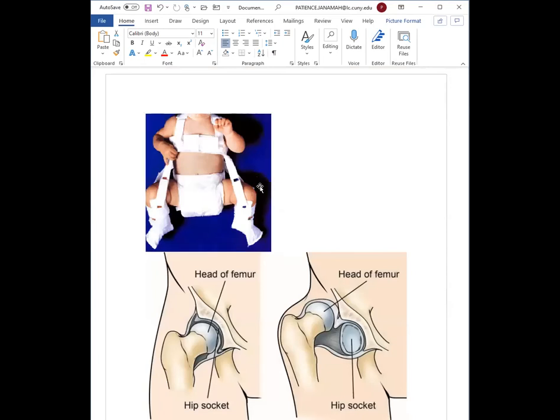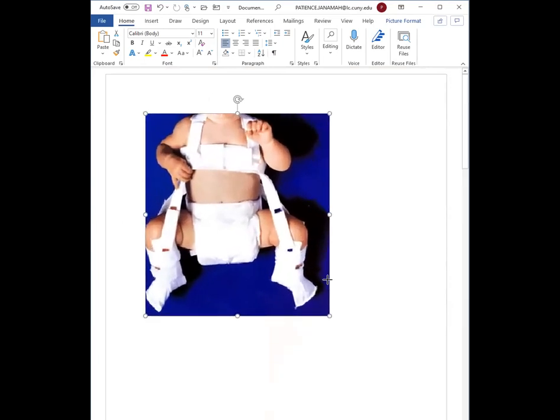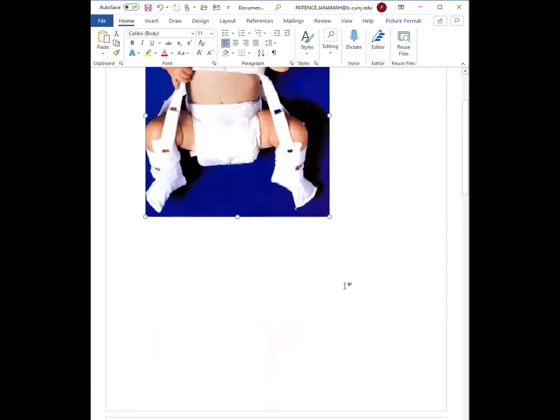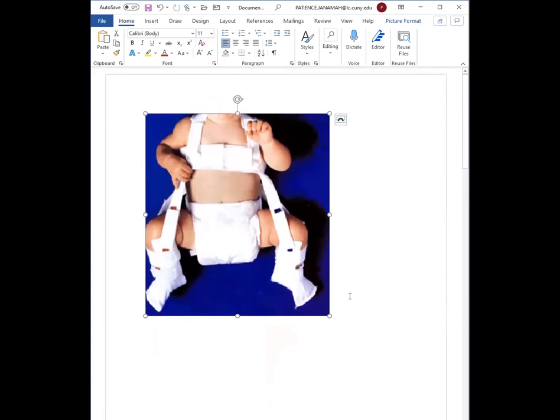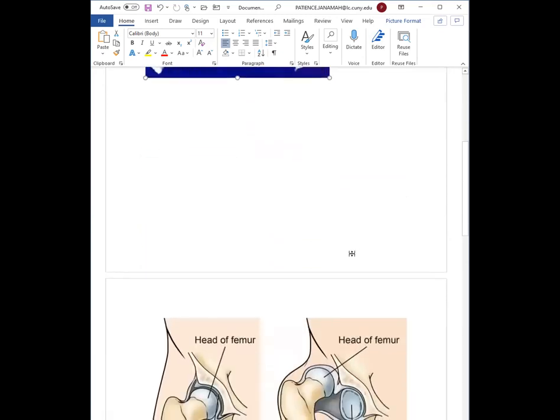This is a picture of a Pavlik harness. I have the picture on the other side. They put the baby inside and then hook them up. It is worn continuously for 3 to 6 months before they take it out.